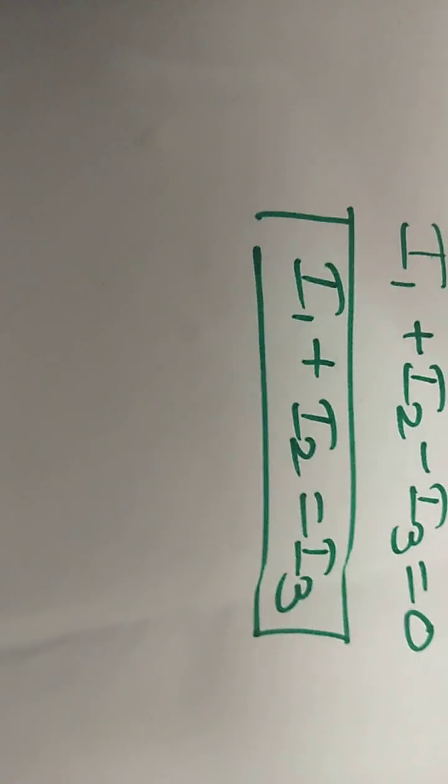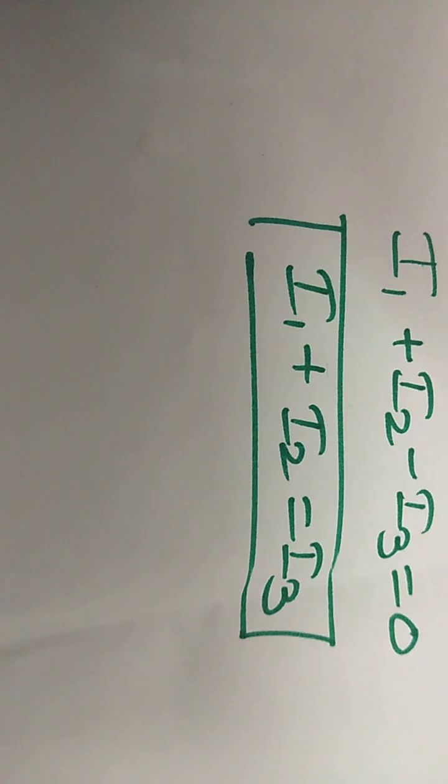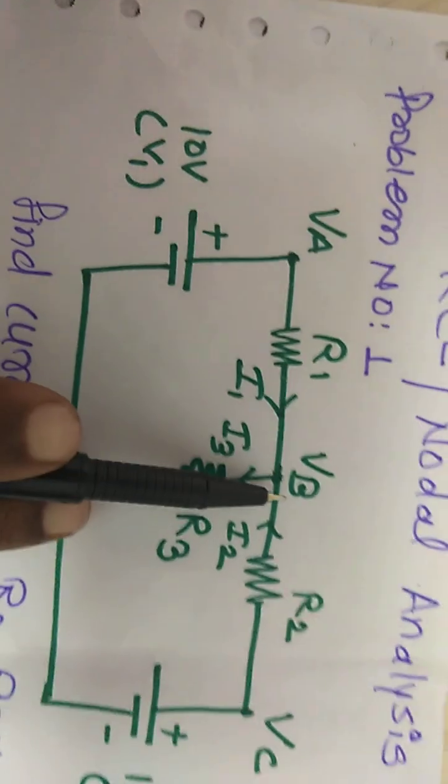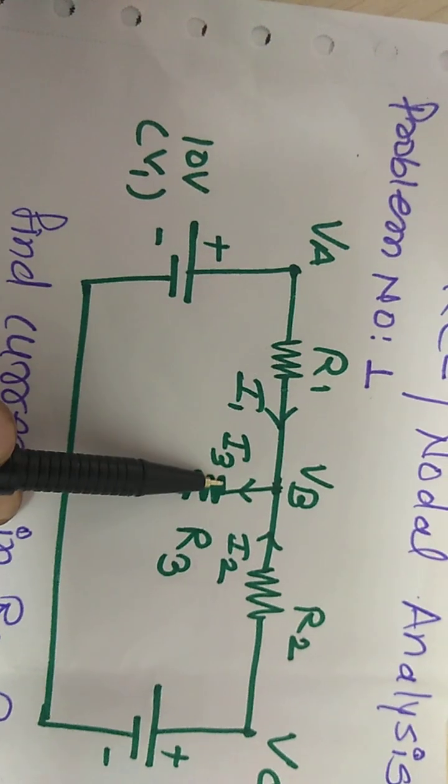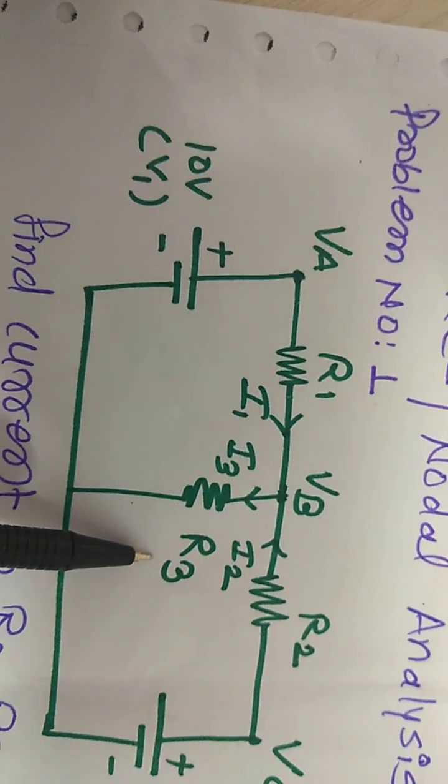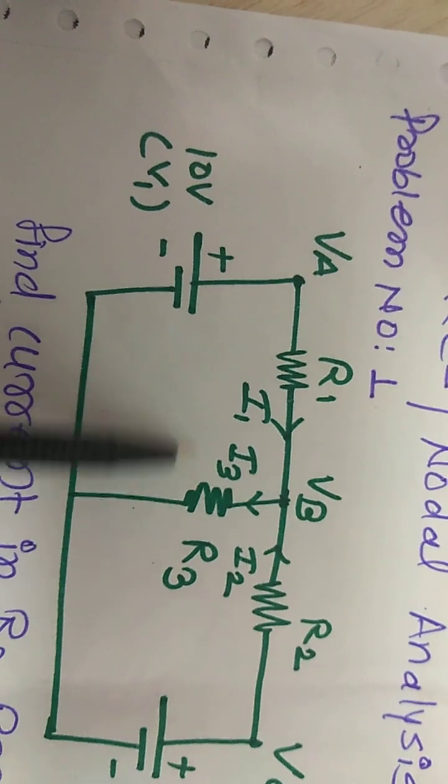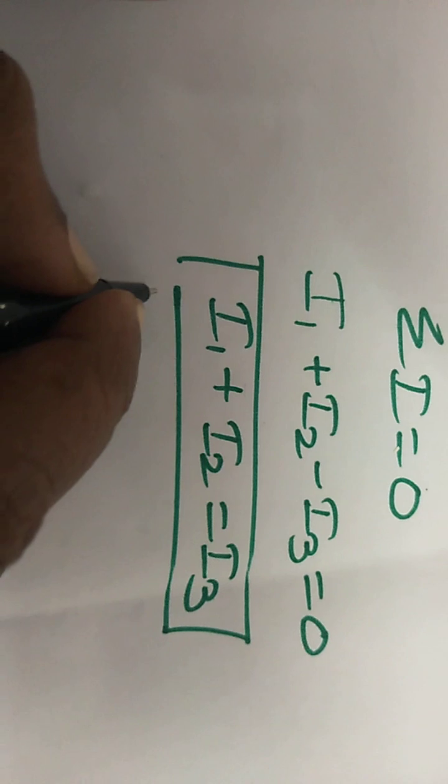Okay, so now we are going to solve these particular equations because we are concentrating on node VB, since all the currents come to and go away from this junction, and the question specifically asks to find the current in resistor R3. So we can represent this current I1.